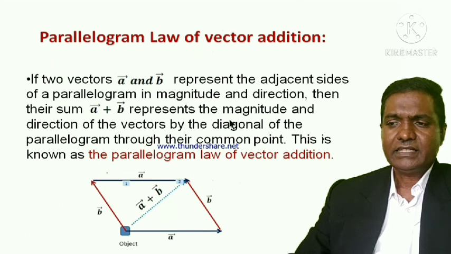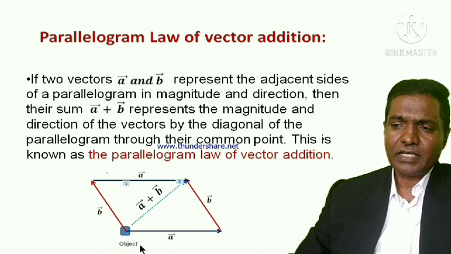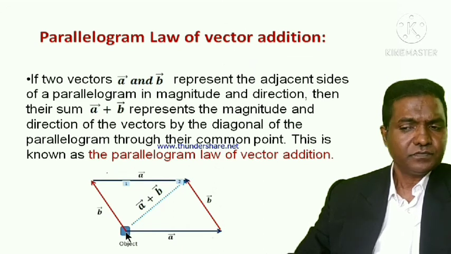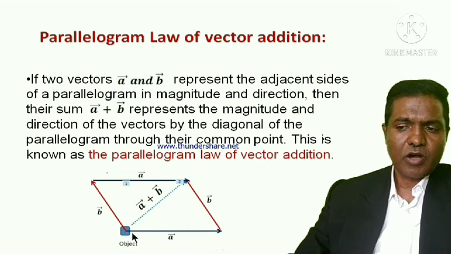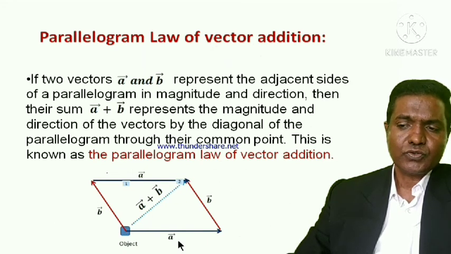That is what is said here: represent the magnitude and direction of the vectors by the diagonal of the parallelogram through the common point. So you have to draw one diagonal from the common point, and this diagonal represents the sum of these two vectors.